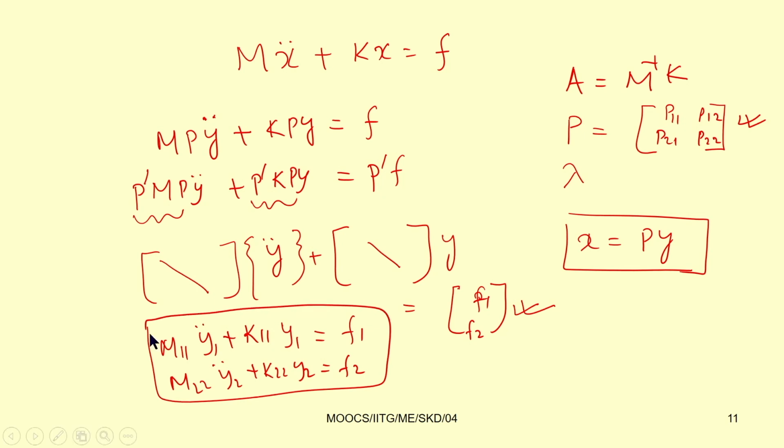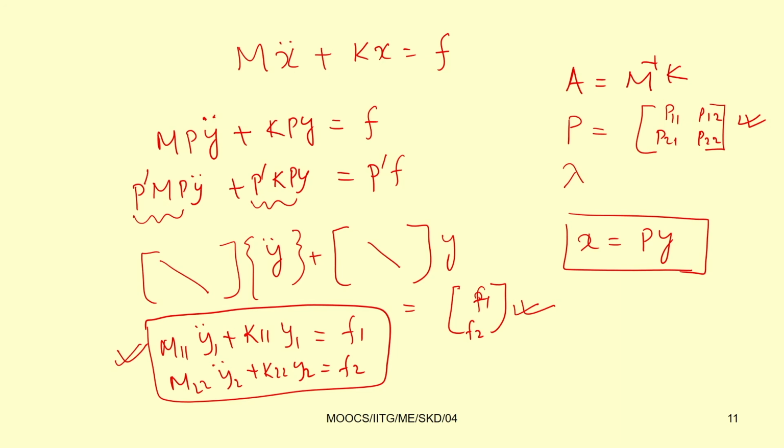So, in case of nonlinear, in the linear part you can uncouple this way, but you will have some coupled terms in the nonlinear part. Which you can take to the right hand side and use as a forcing term, and you can still write this equation in this form: m11 y1 double dot plus k11 y1 equal to f1 minus some other term, which is a function of y1 and y2.